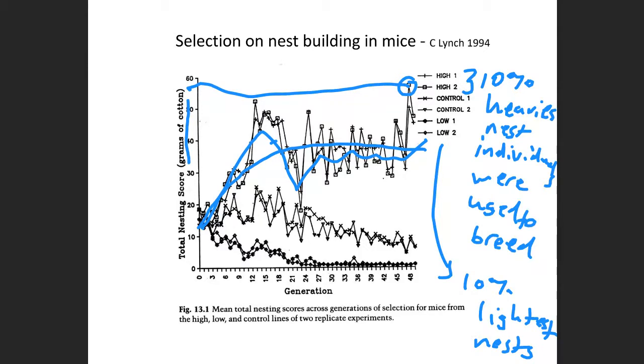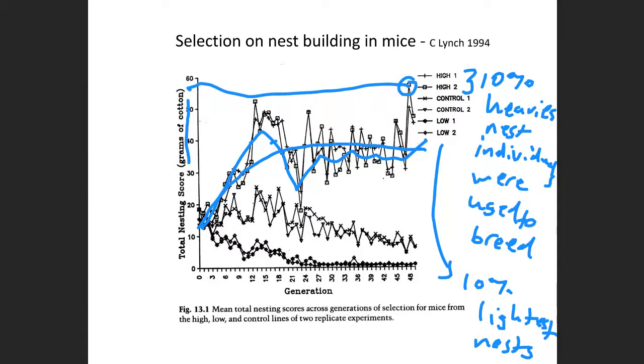These are small populations. It's a lab study, and that means let's say there's 100 individuals in each line and only 10 breeding. That's not many chances for new mutations that might affect nest building. So what happens is when you do selection, selection is incredibly powerful.